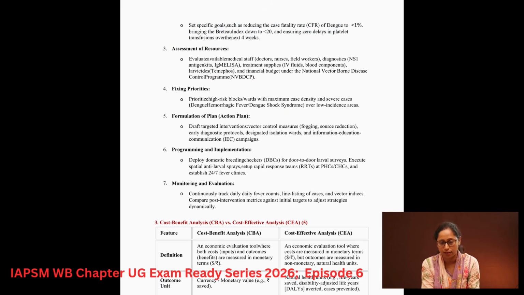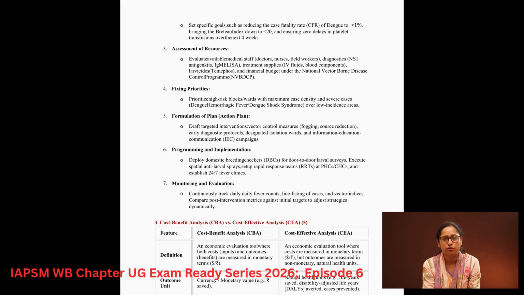Definitely after you have done the analysis of the situation, you need to set specific goals such as reducing the case fatality rate of dengue to less than 1%, bringing the Breteau index down to less than 20, and ensuring zero delays in platelet transfusion over the next 4 weeks.